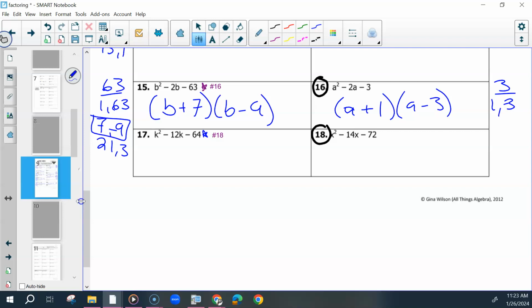18. Okay. 72, there's a lot of factors, so let's find those. What times what will give us 72? 36 times 2. 3 and 24. 8 and 9.